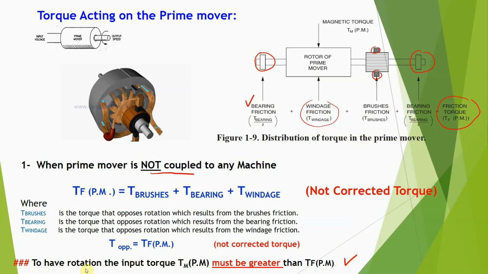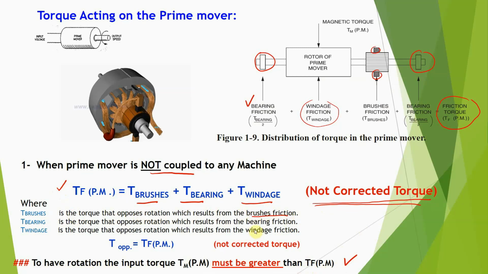As noted here, to have a rotation, the input torque must be greater than the torque friction of the prime mover. So we have an equation: TF prime mover is equal to T brushes plus T bearing plus T windage. And this is what you call the not corrected torque. T brushes is the torque that opposes rotation resulting from the brush friction.